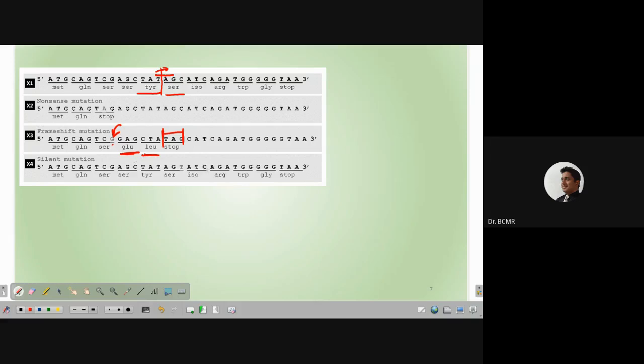And I will just stop with one point: say for example, instead of one G here, I added GAC. Say that was happening in this location. If I added a GAC, what will the codons be? ATG, CAG, TCG, and then I'm adding GAC, and then AGC, TAT, and AGC.